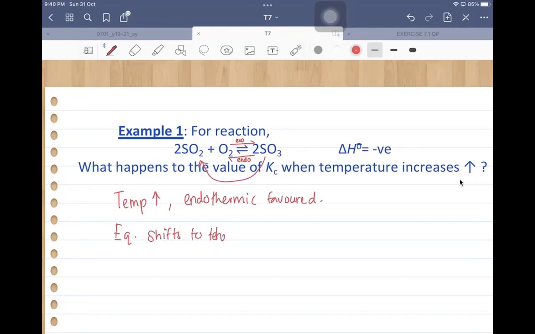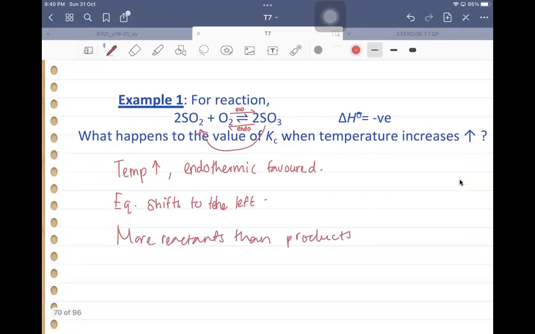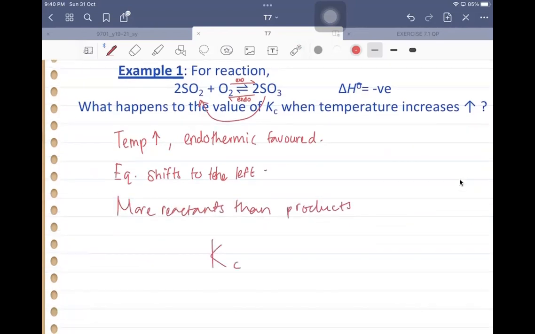If your equilibrium is shifting to the left, you now have more reactants than products. And if you remember, Kc is proportional to the concentration of products over the concentration of reactants.